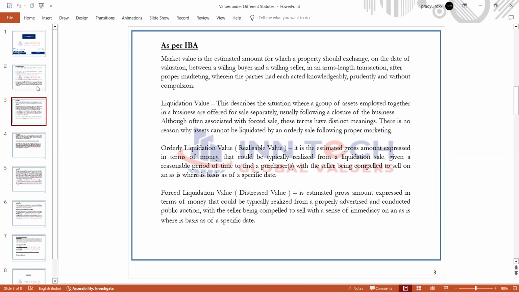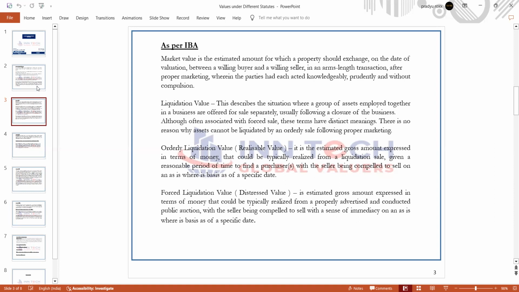Once the asset becomes an NPA, they will give a proper notification in the paper and give the client time to come forward. If the client does not come, they will go for further course of action like auction. So when the time is there, that is called an orderly liquidation.